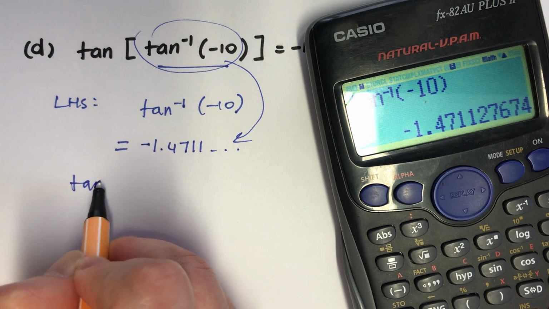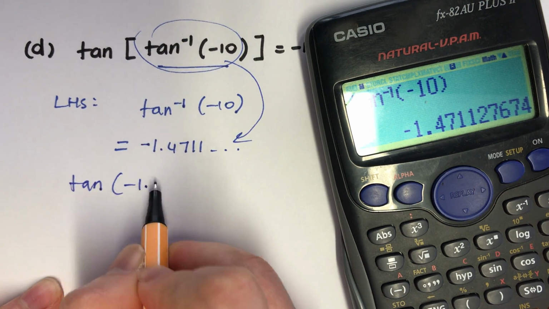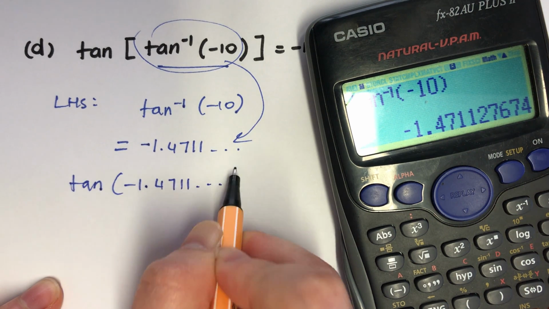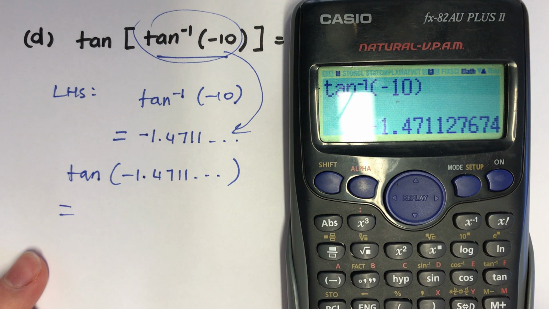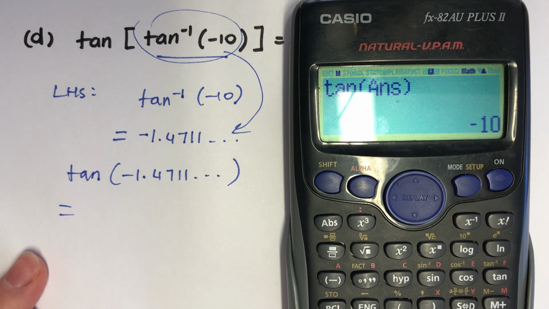Okay, so the whole thing is like that. So I'm going to go tan of minus 1.4711 dot dot dot and that answer will get minus 10.